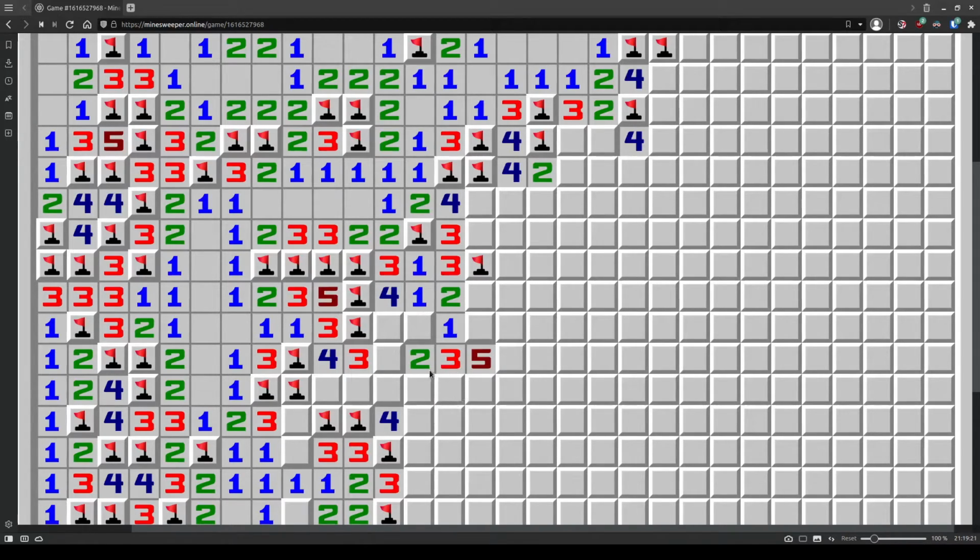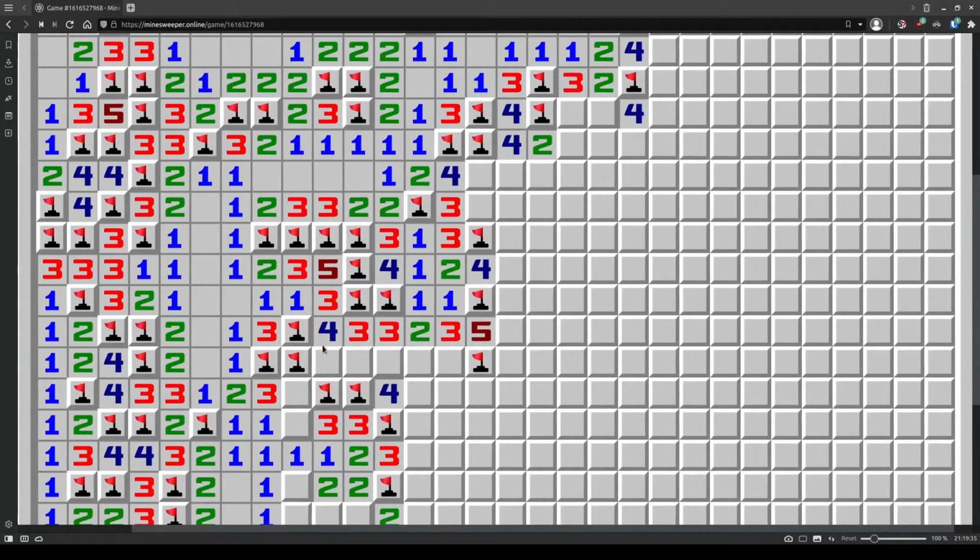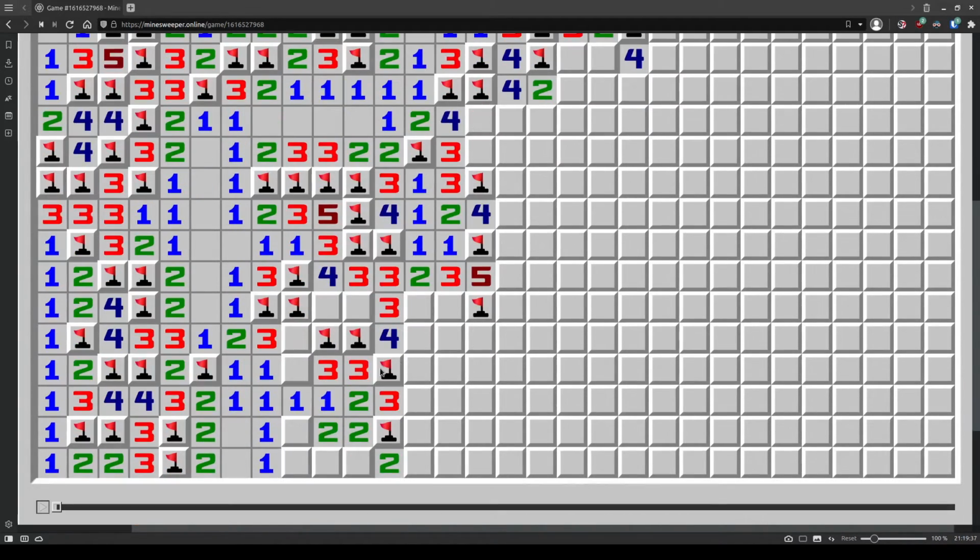So for this 3 to work, these 2 cells have to have a mine. So let's place these 2 cells. So these 2 cells have mines, and we can continue. We have 2 mines in here, which means this is 3.